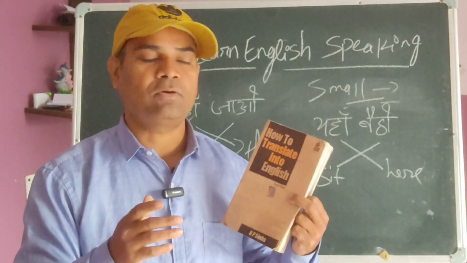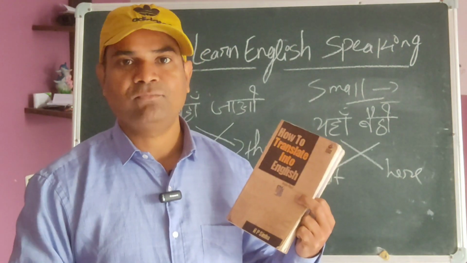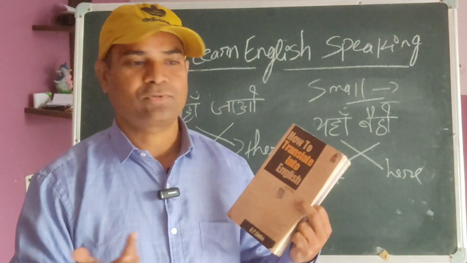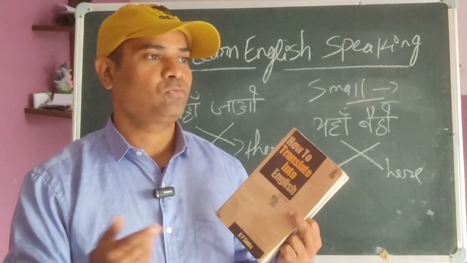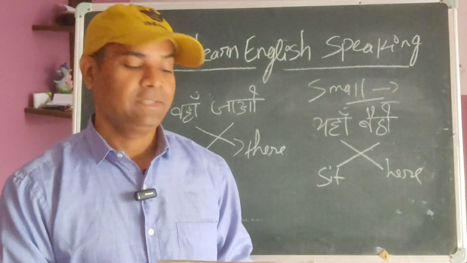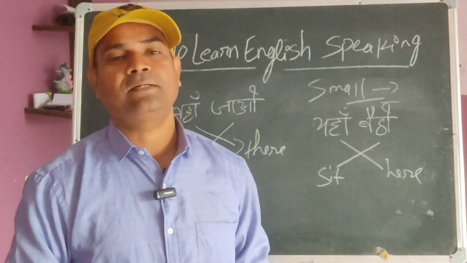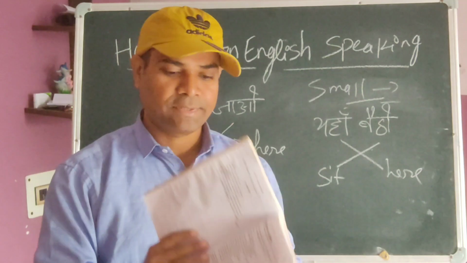If you have bought this book, you have purchased it, you can visit a nearby bookstore, or online on Amazon. It is quite a cheap book, hardly 150 or 200 price, and it will be your lifetime investment. You can read it, and those who want to acquire knowledge from this book, they can acquire it.